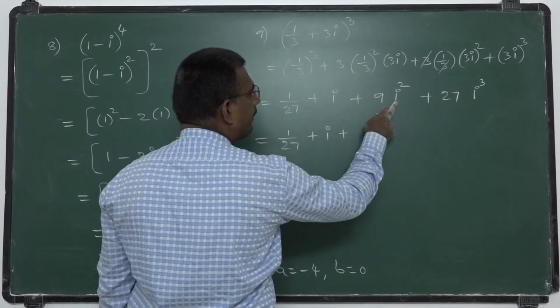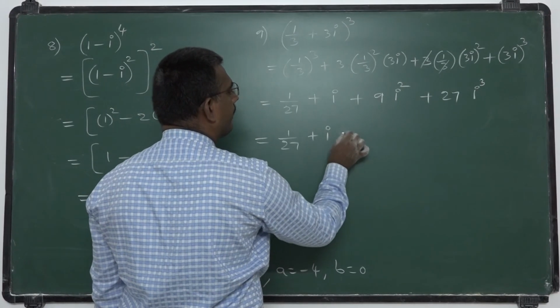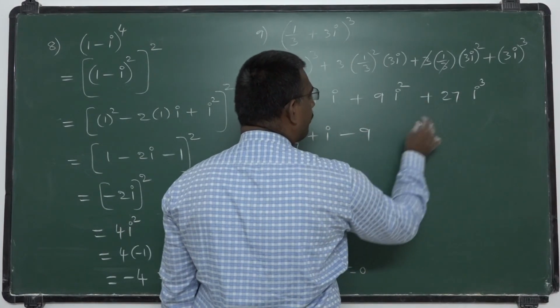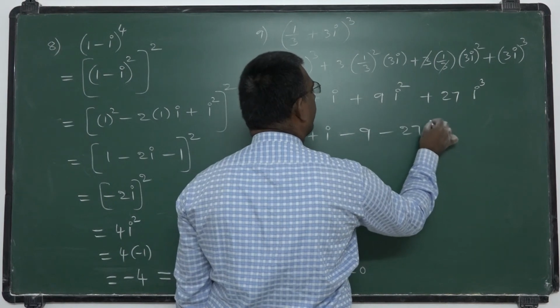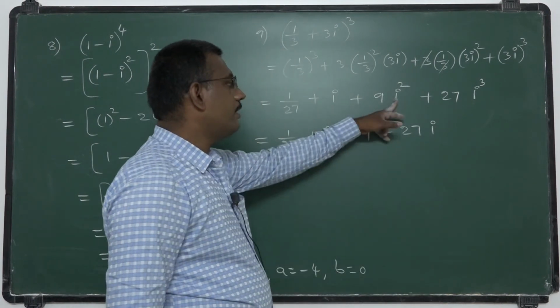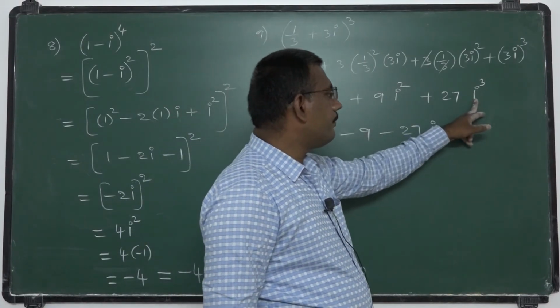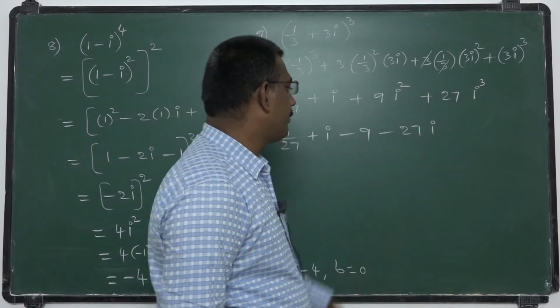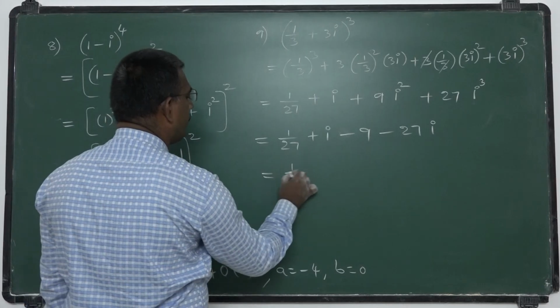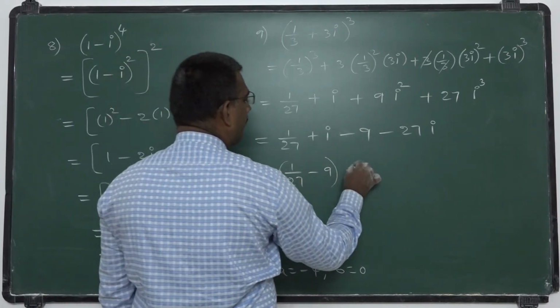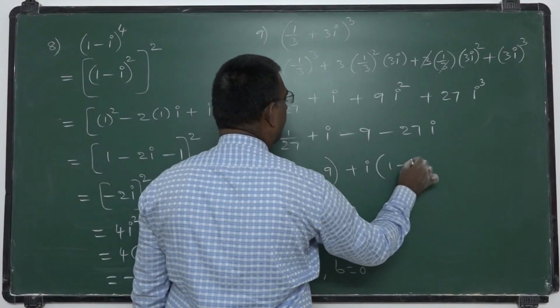Since i square is minus 1, 9 into minus 1 is minus 9. And i cube is minus i, so 27 into minus i is minus 27i. So this will be equal to 1 by 27 minus 9 plus i of (1 minus 27).